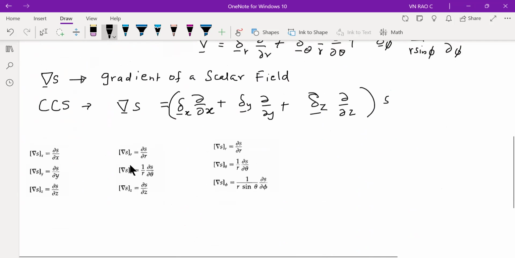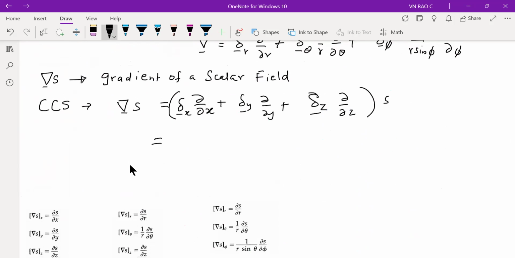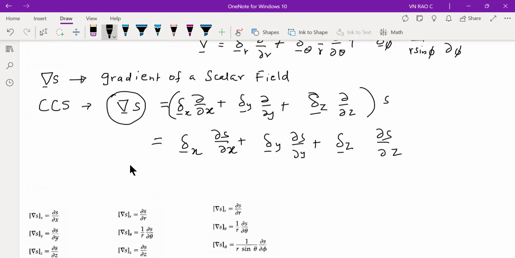So how do I get the derivative of s here? You can simply write separately, there is no operator between them. This becomes dou s by dou x, delta x, plus dou s by dou y, delta y, plus dou s by dou z, delta z.